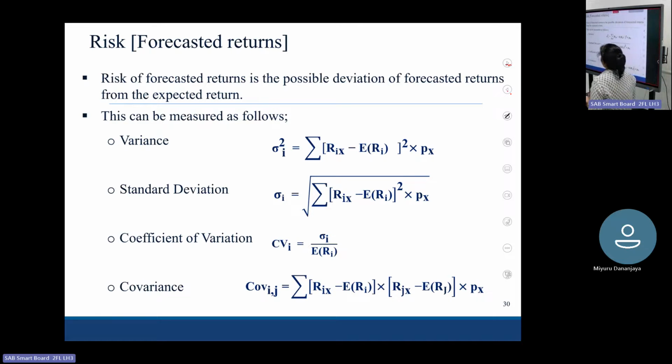So what is the risk of the expected return? You can define it as the risk of forecasted return is the possible deviation of forecasted return from the expected return. So how to define that? What is that risk? The risk of expected return means now we have forecasted states of economy.